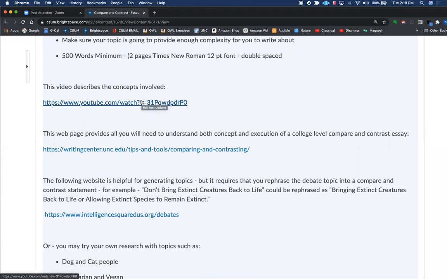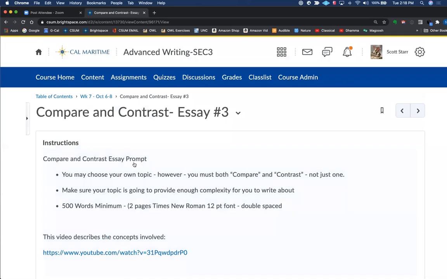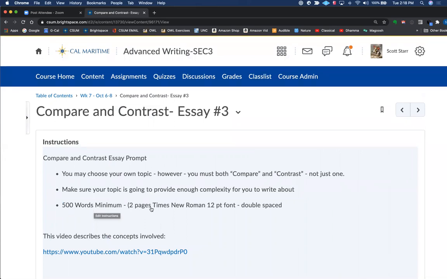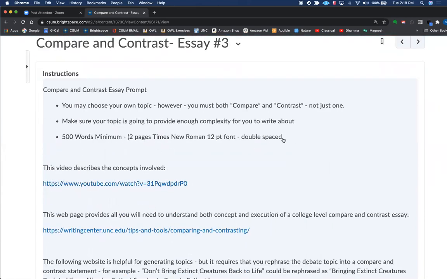So notice the judgment here is not one is better than the other. This is a different style of comparing, it's a different style of essay. And you must both compare and contrast, not one. Please do both. Also another short one, these are all 500 words. So it's 2 pages double spaced.